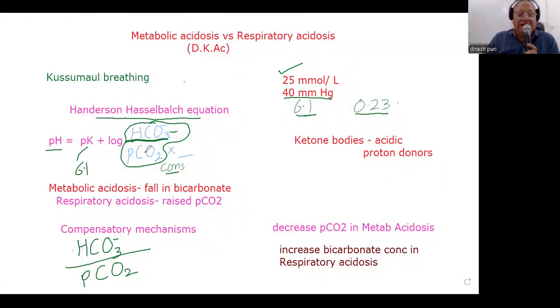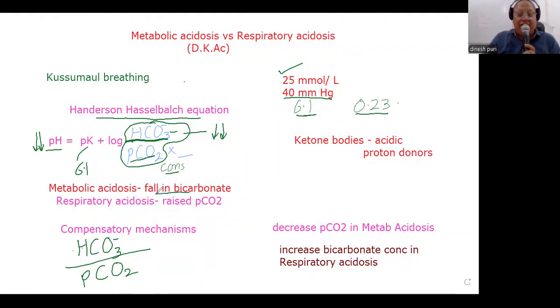So change in the ratio can cause acid-base disorder. Acidosis means fall in the pH. This can occur because of two causes. Either there is fall in the bicarbonate concentration, a fall in the numerator, or elevation of the denominator, that is PCO2.